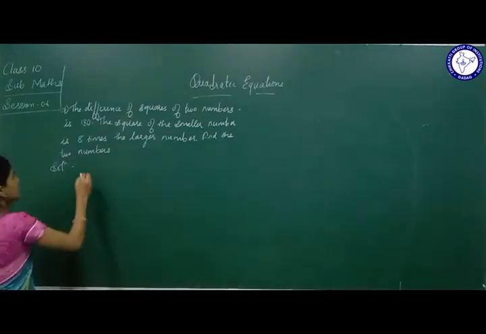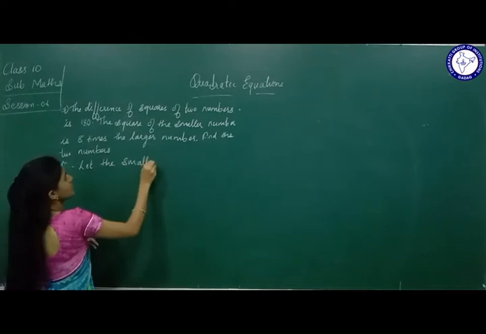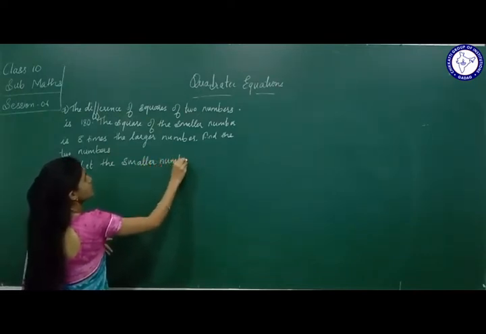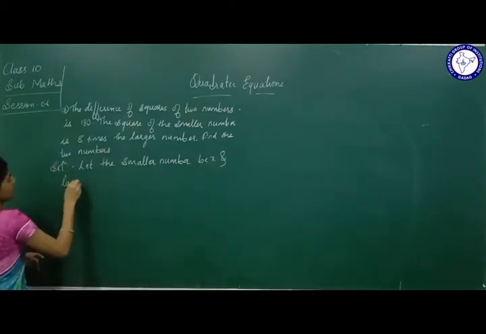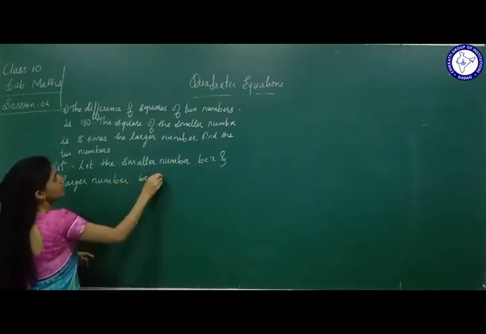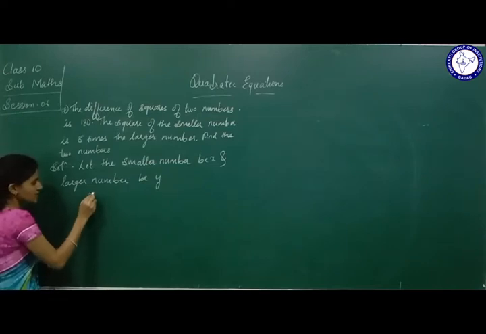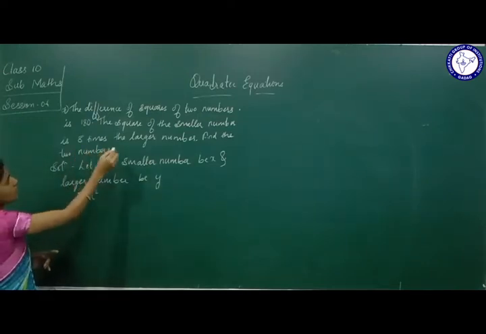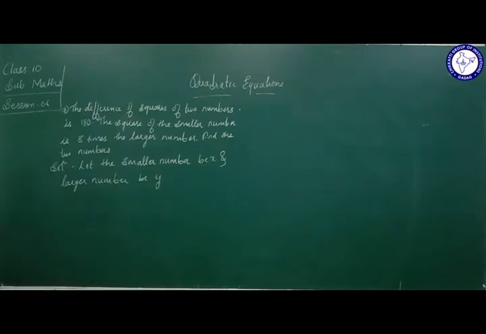Let the smaller number be x and larger number be y. They have said that the square of the smaller number, that is x square, is 8 times the larger number.